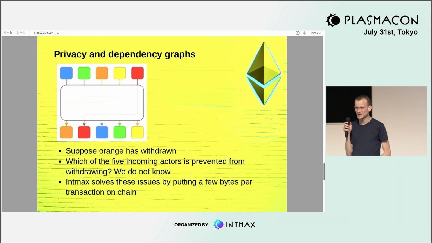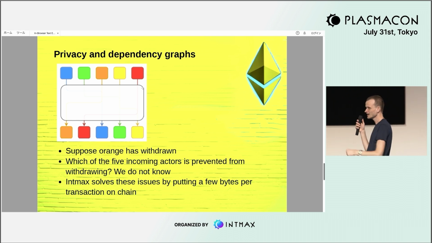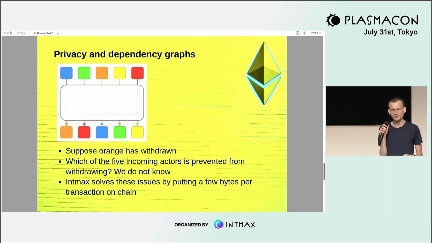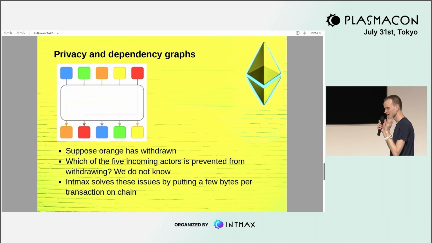And the challenge is, in this context, we actually do not know, right? In this kind of context, we could try to say, let's make a parallel UTXO thing, and then we just map the bottom to the top. But then the problem is, you're not providing full security here, because if orange withdraws, orange is basically stealing a coin from blue, right? So this is a limitation.